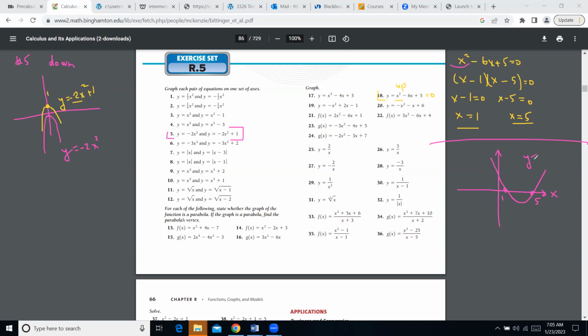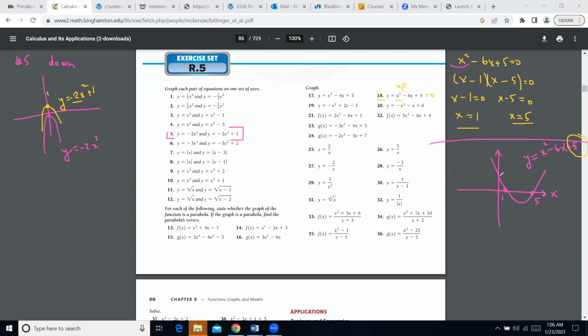So our function is x squared minus 6x plus 5. I can also notice that the number at the end, that positive 5, is going to give us another important point here, which is the intersection point with the y-axis.